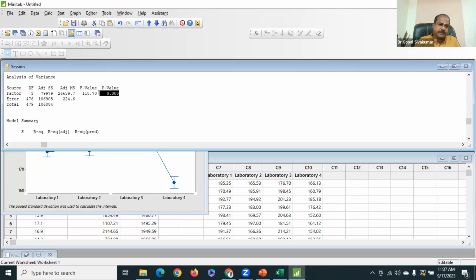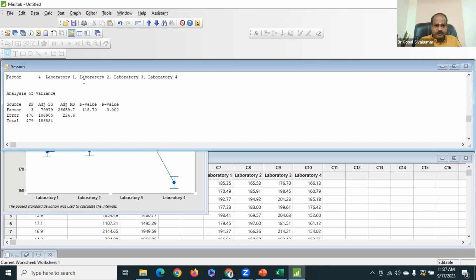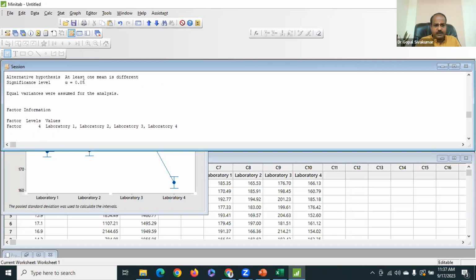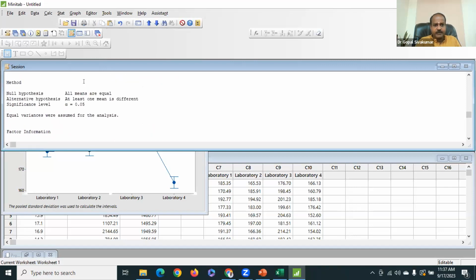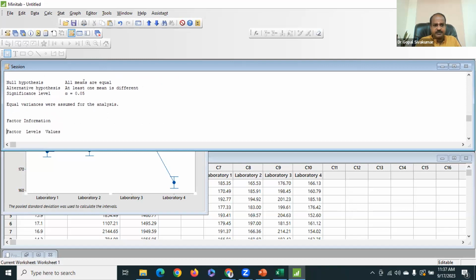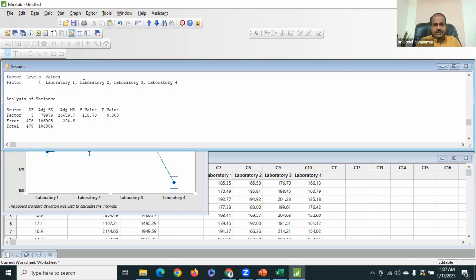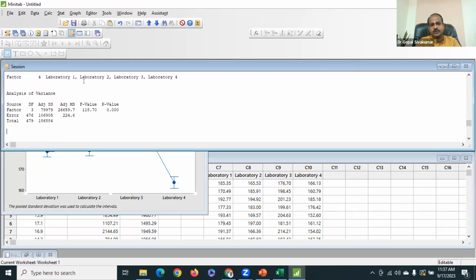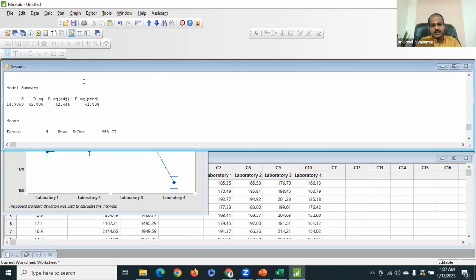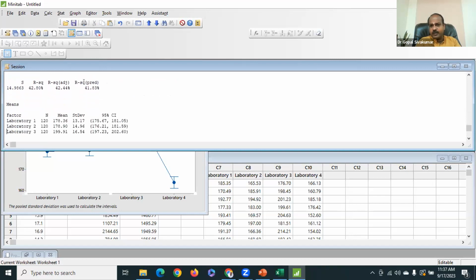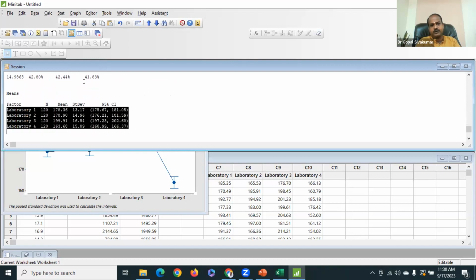Permissible risk is 5%. So now look here: the null hypothesis, alternate hypothesis, significance level, the rule of the game, and the beliefs are declared. And now the p-value is less than 0.05. Since the p-value is less than 0.05, it is now worth it, or correct, to refer to the data.